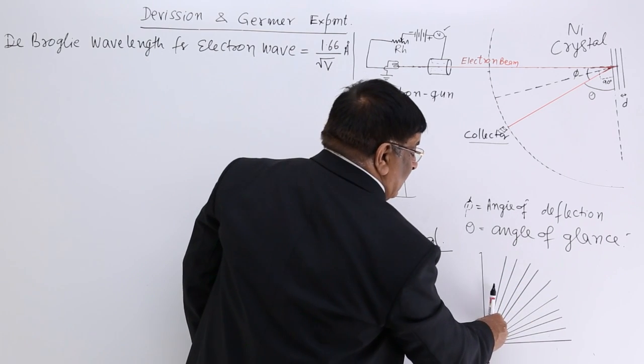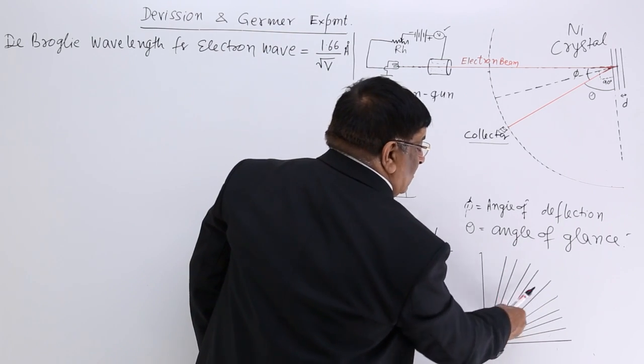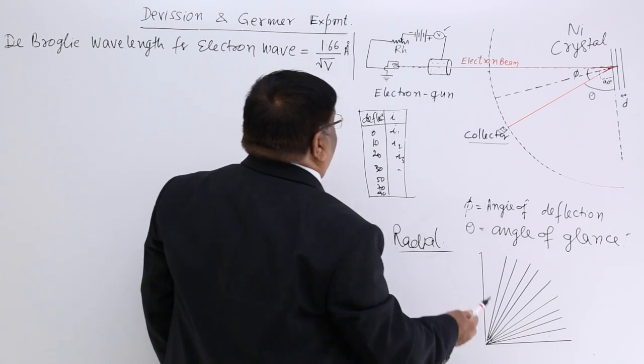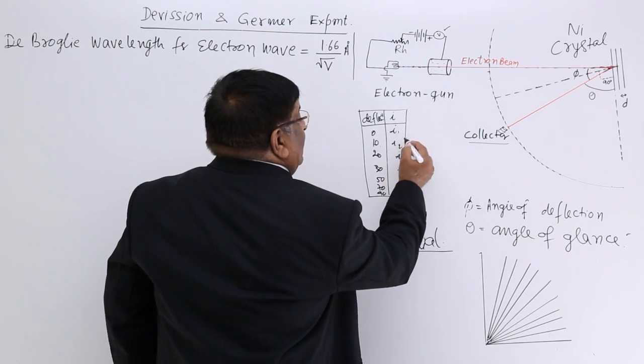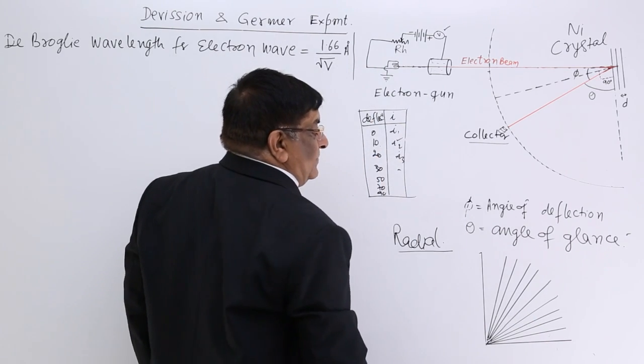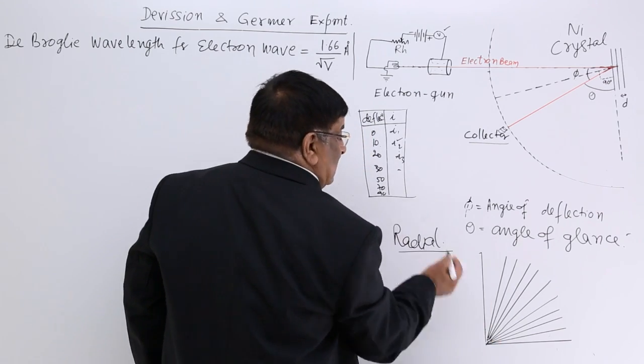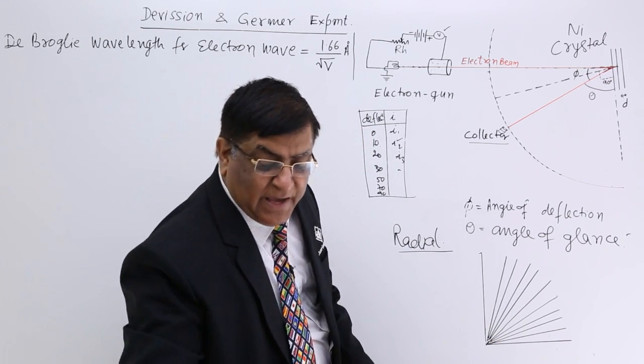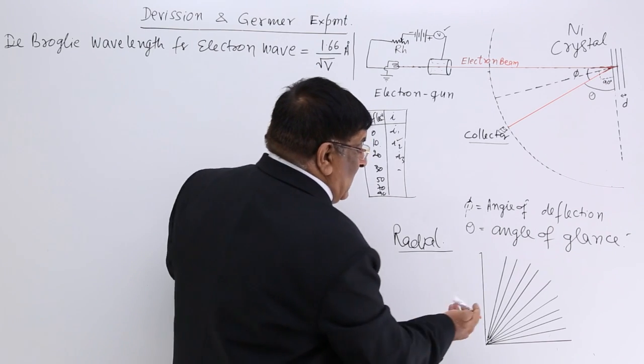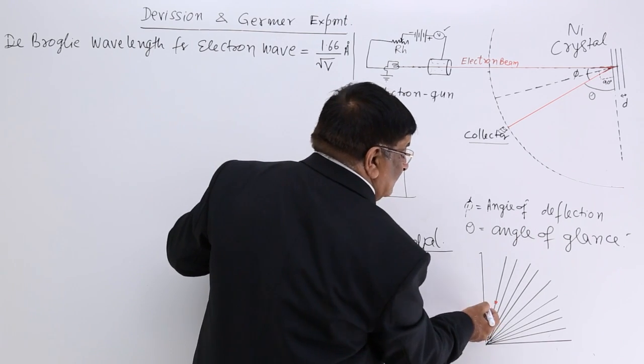So this is our radius, which has all the degrees here. Then for 10 degree, the current is I2. So we make a mark on it at this current.